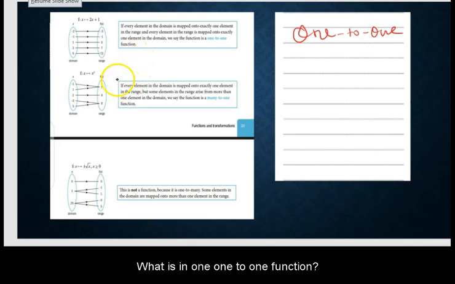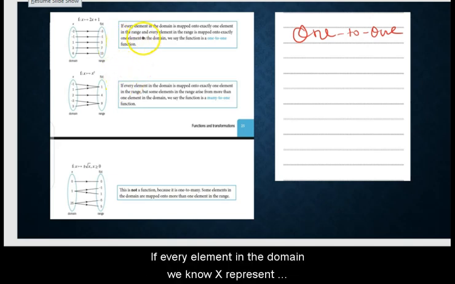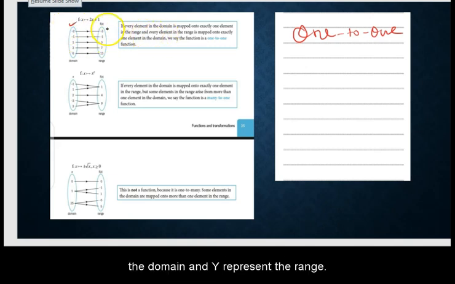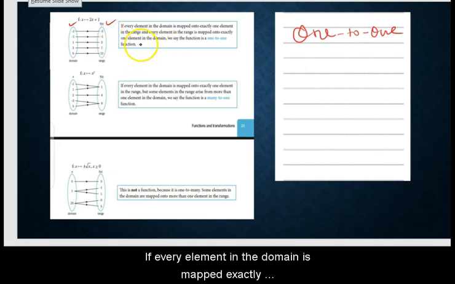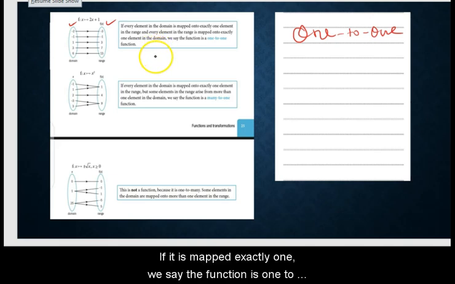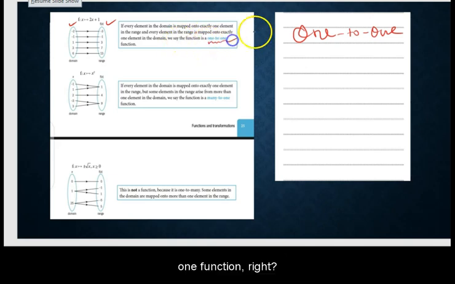What is a one-to-one function? We know x represents the domain and y represents the range. If every element in the domain is mapped onto exactly one element in the range, and every element in the range is mapped onto exactly one element in the domain, not two elements, we say the function is a one-to-one function.